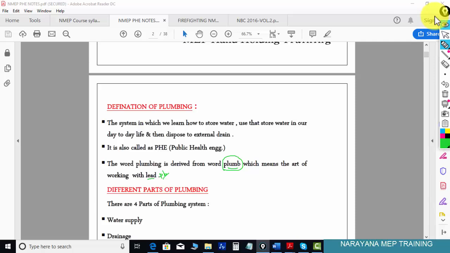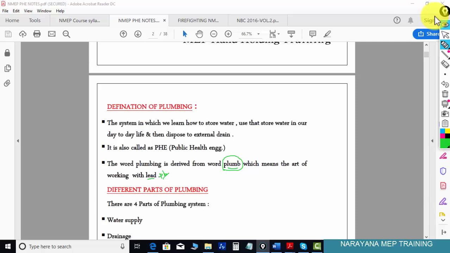Now we are using GI pipe, UPVC, CPVC, plastics, all other pipes. Because lead is very difficult to work with, and the cost is also very high. As a designer you should ensure that the cost of the project comes down, so that is effective designing.